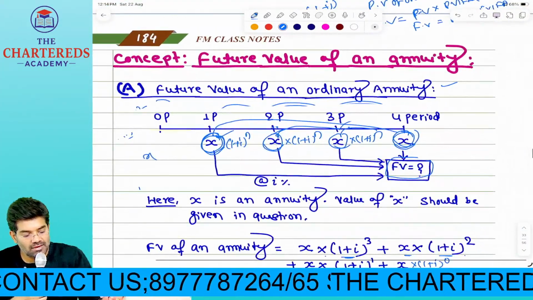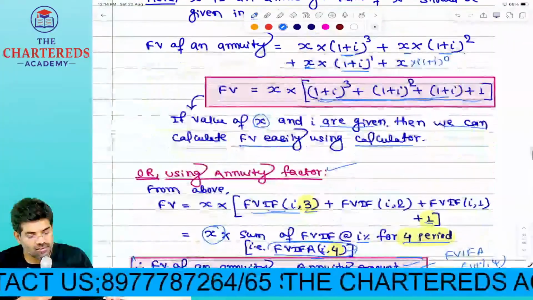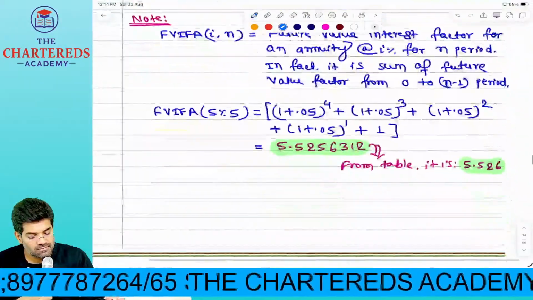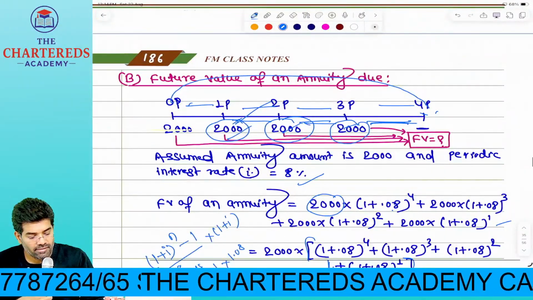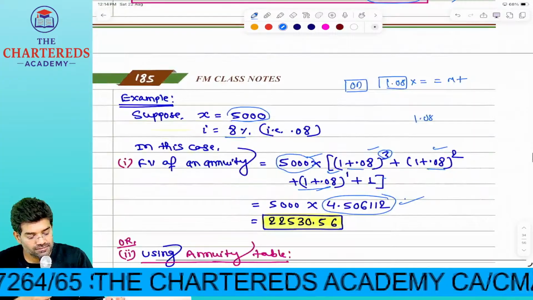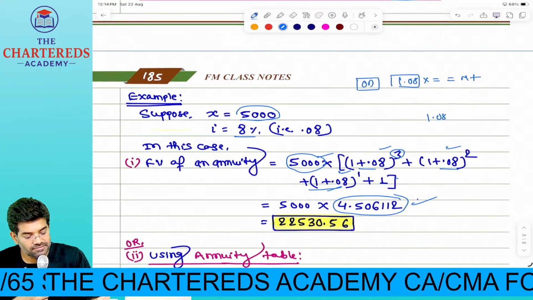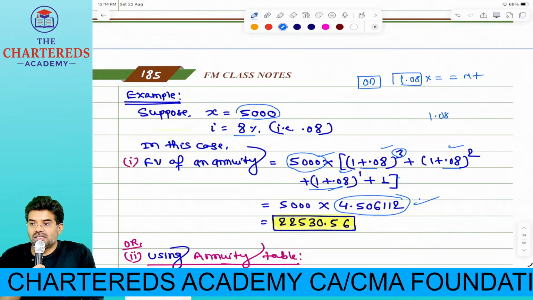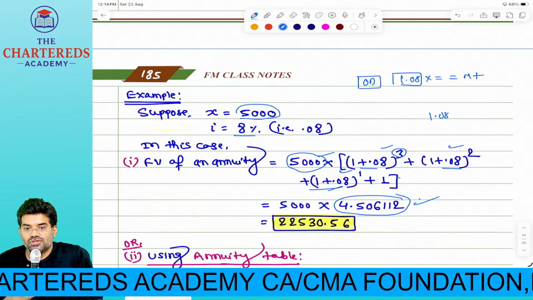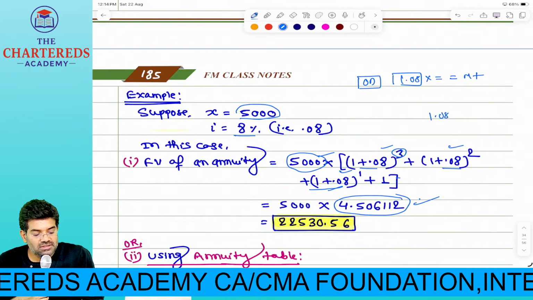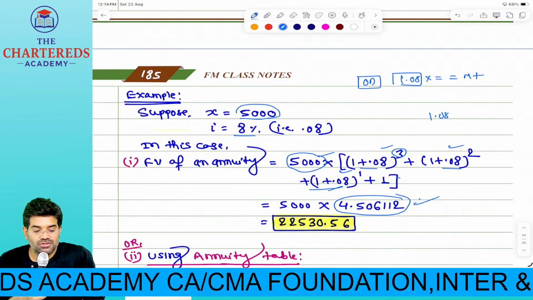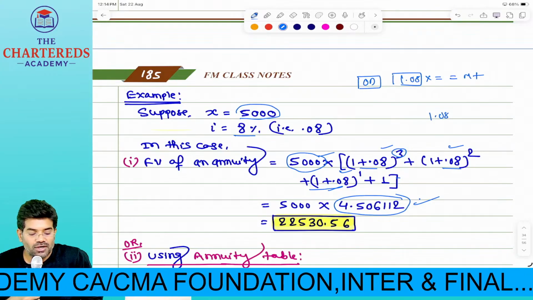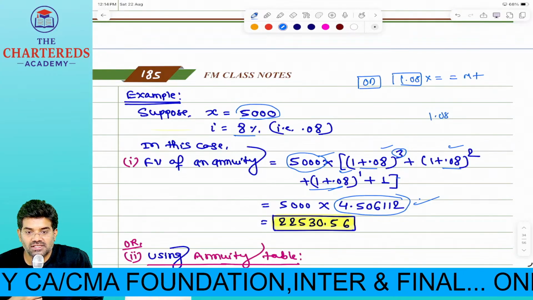Future value of an annuity due. This is the figure: 22,530.56 you should get. How much should you get? 22,530.56.